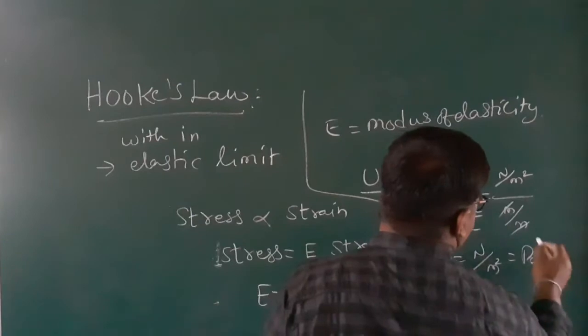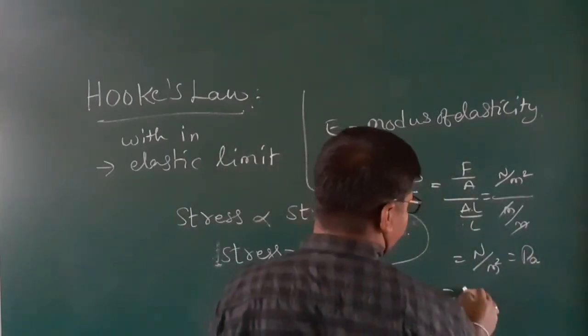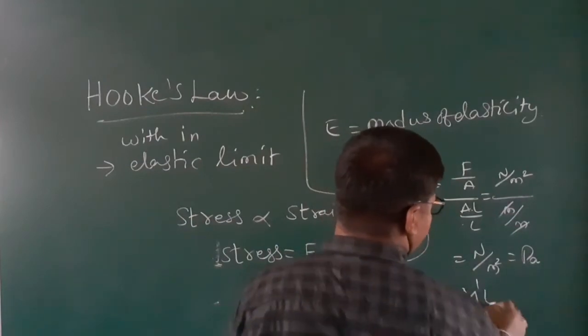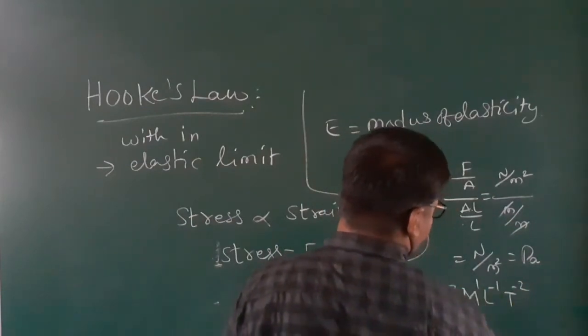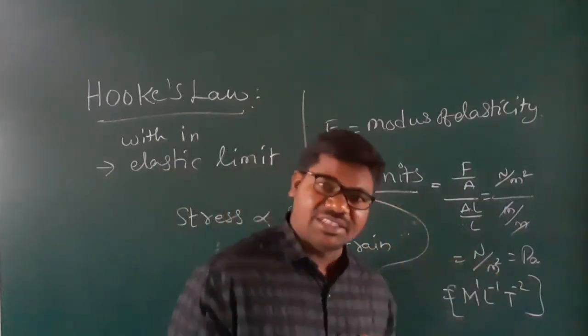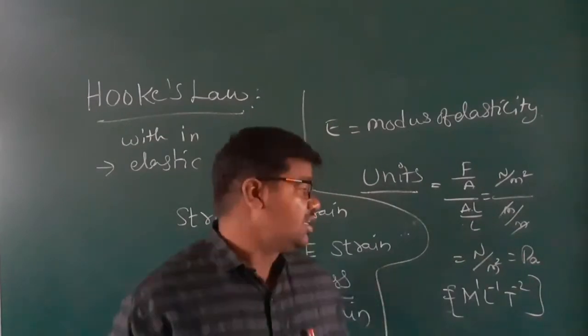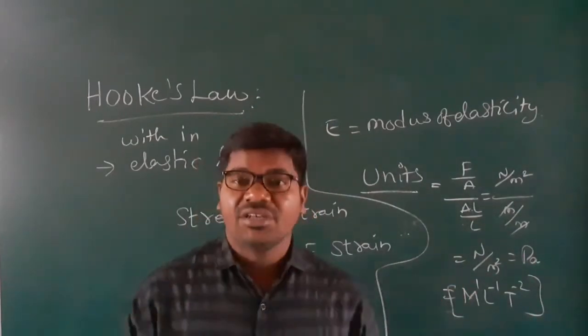This is Pascal. Understand? The dimension formula is M to the power 1, L to the power minus 1, T to the power minus 2. So modulus of elasticity, stress and pressure have the same dimensions. Strain has no units.